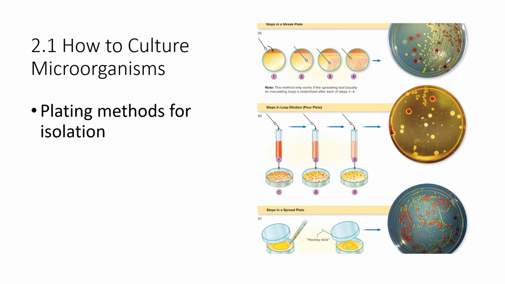Now your textbook points out there are multiple ways of isolating. If we were in lab, we would do this first one, called the streak plate method. You take a metal loop, you pick up the one colony, or you dip it into the mixed culture, and then you smear that around in one area of an agar plate.